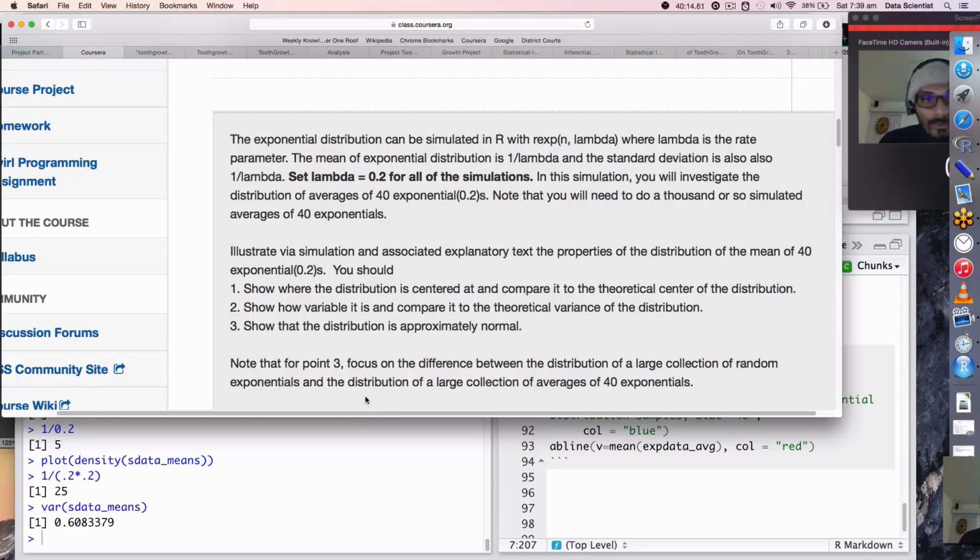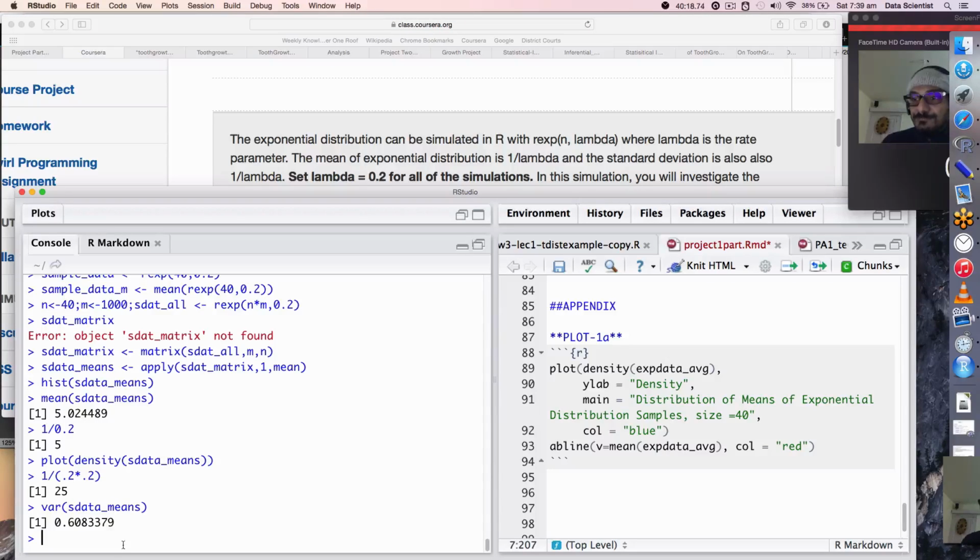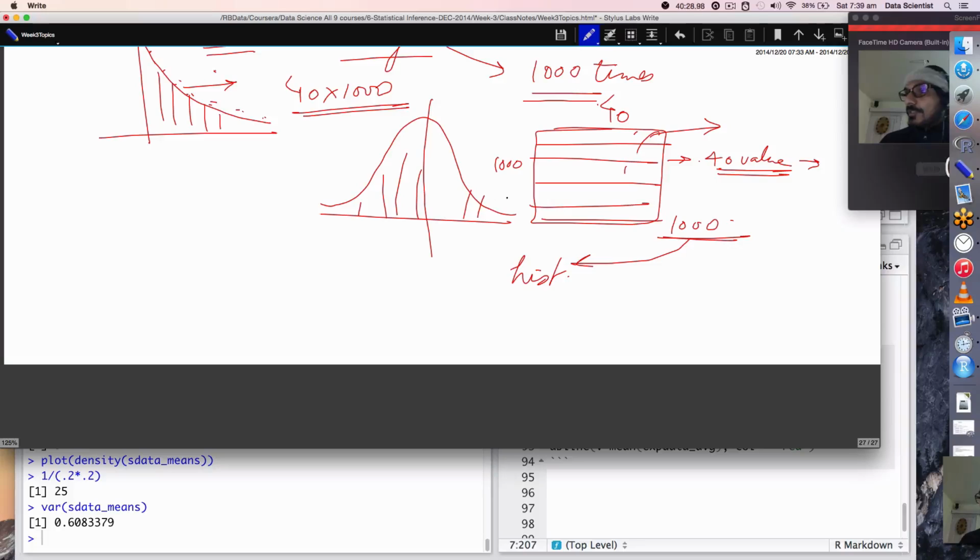The distribution has become normally distributed, right? So what's the formula for the variance here? It will be s square by n, right? For a normal distribution it generally has sigma square, but because it is the sample mean, for the sample size it becomes sigma square by n, right?